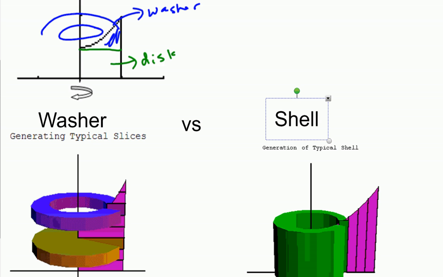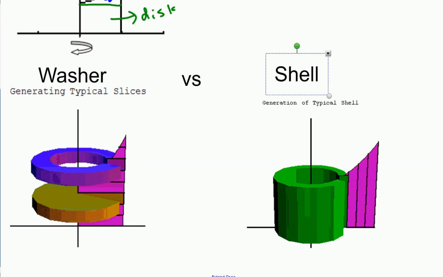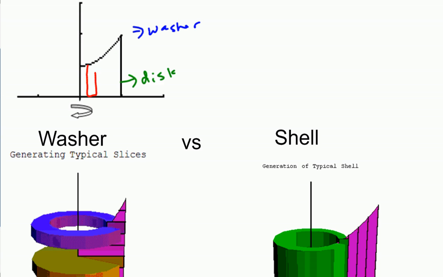Whereas if you look at the shell method, I can create vertical rectangles that solve the problem of not having two integrals, because all of these rectangles will be covered under the one function.